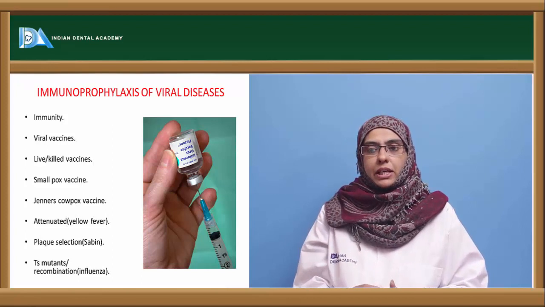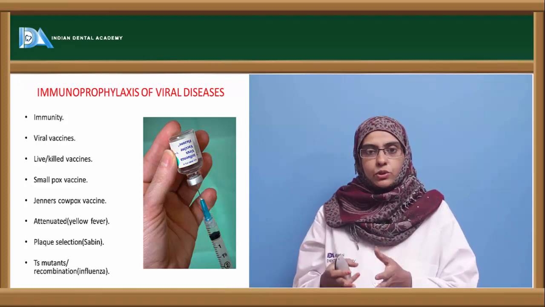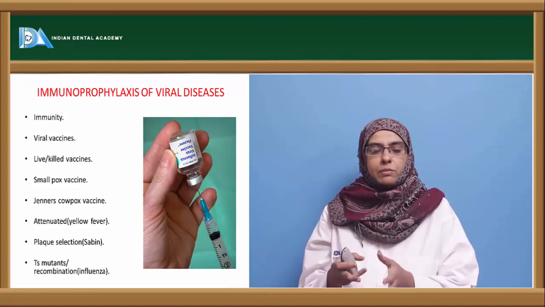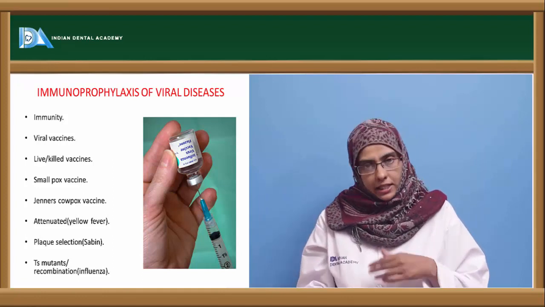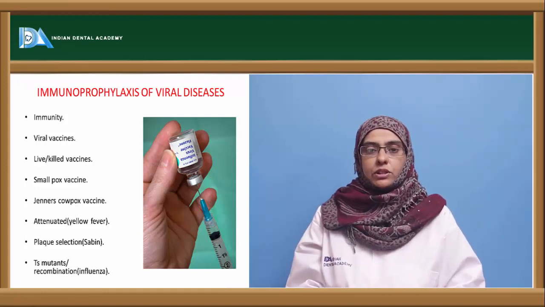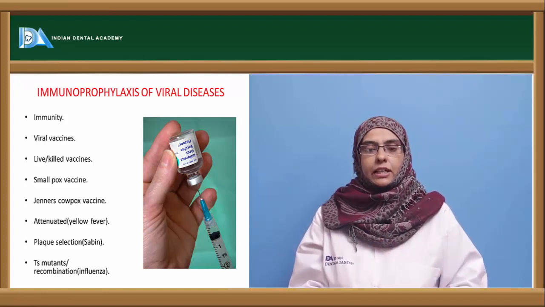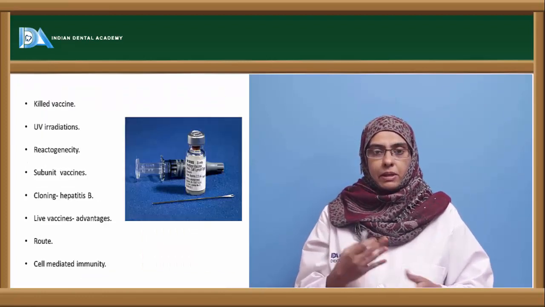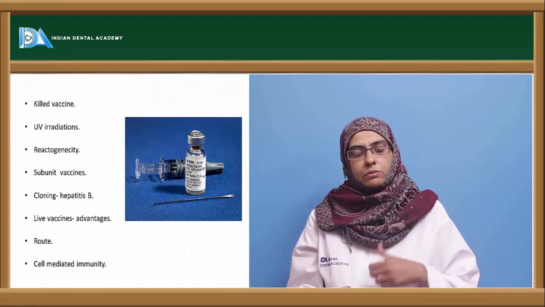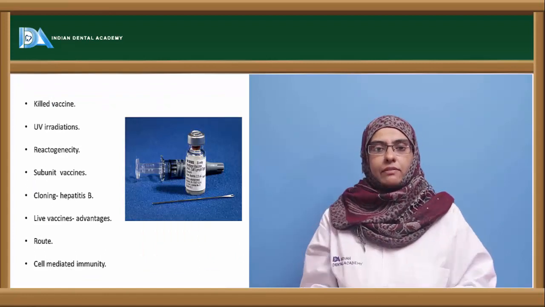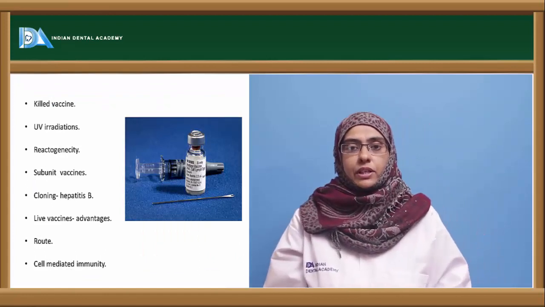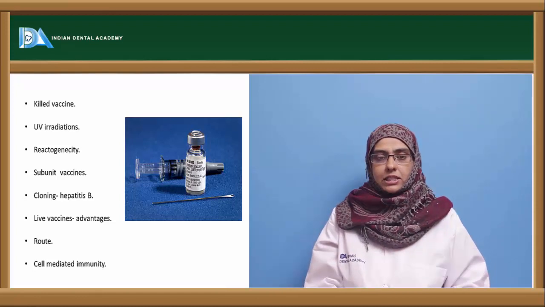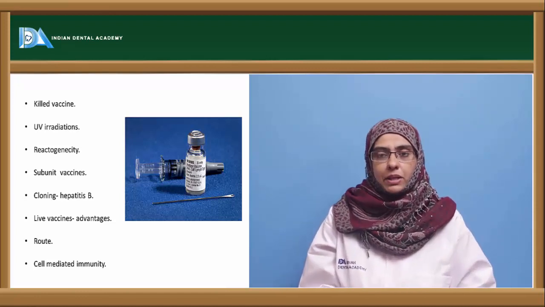One such is the plaque selection. This was used for the production of the Sabin vaccine against the polio. And apart from that, you can go with the TS mutants or the recombination technique to produce the vaccination for the influenza. So there have been many modifications that have come forward in producing both live and killed vaccines after the initial usage of the vaccine against the smallpox that was used by Jenner.